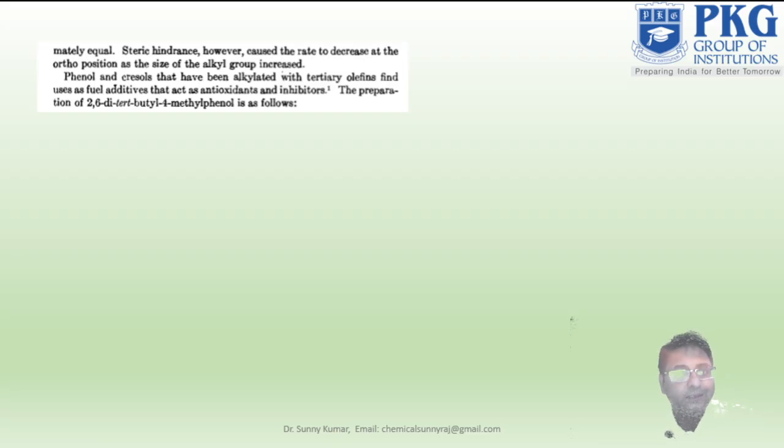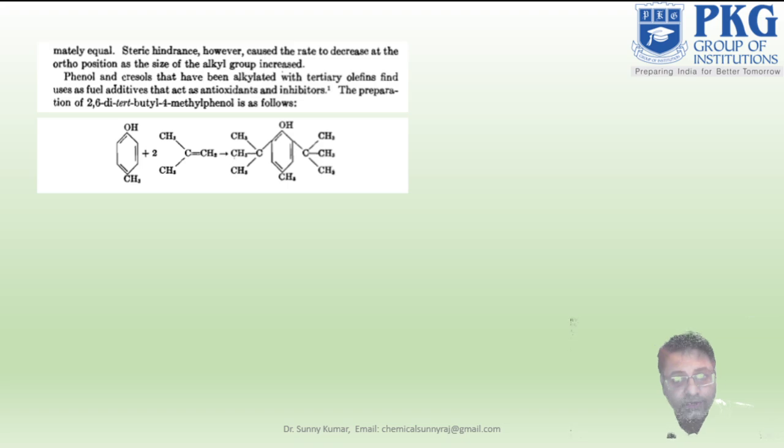Phenol and cresols that have been alkylated with tertiary olefins find uses as fuel additives that act as antioxidants and inhibitors. The preparation of 2,6-ditertiarybutyl-4-methylphenol is as follows, so this is the reaction. This benzene ring has OH attached and CH3, plus two isobutylene, and this group is attaching on both sides.